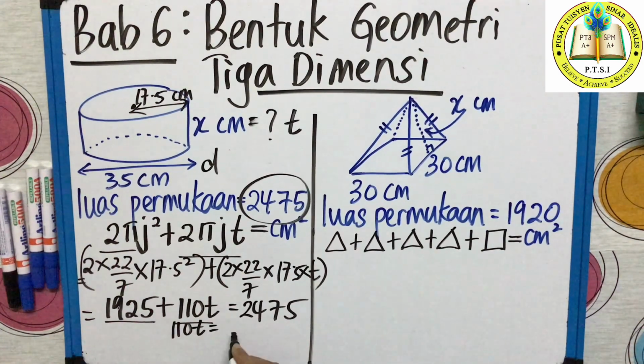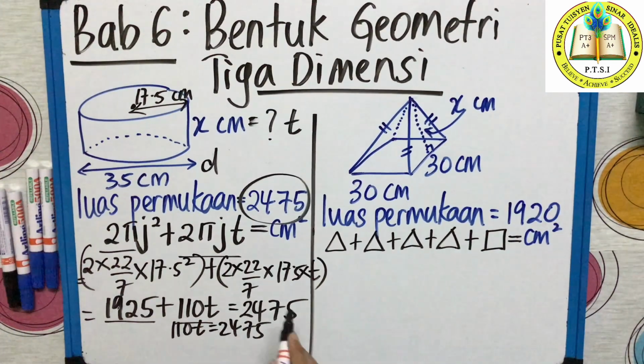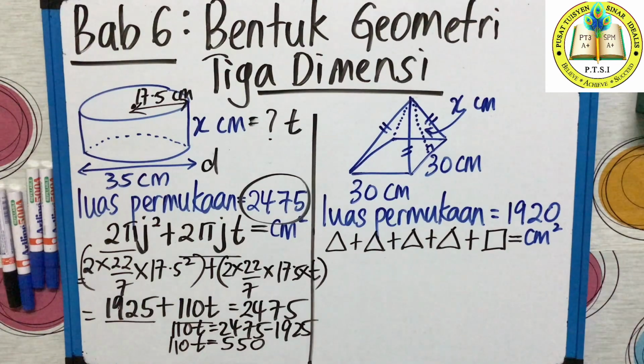110 t, teacher leaves here, 2475 plus 1925 goes there, minus 1925. So when you minus, what do you get? Kamu dapat jawapan 550. So 110 t equals 550. Final answer, you want to get the t, the tinggi, the h. What must you do?